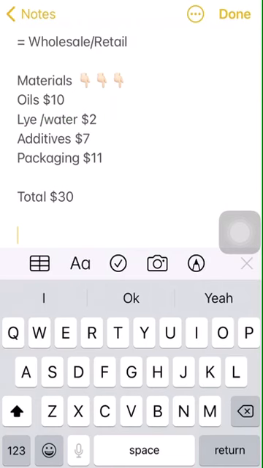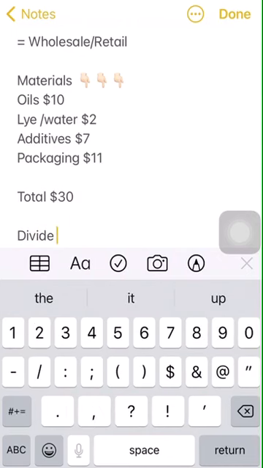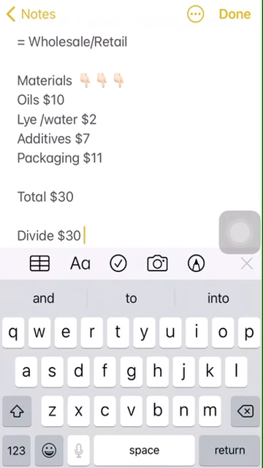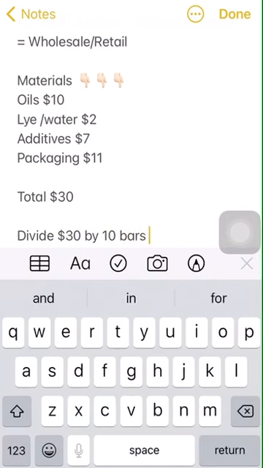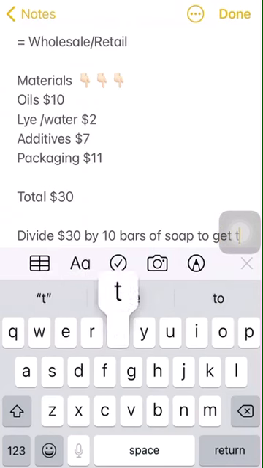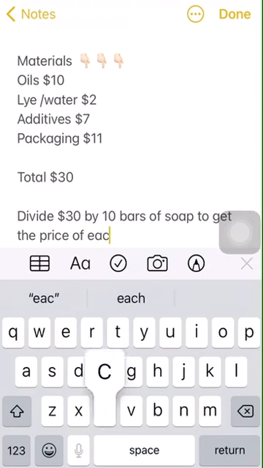So you divide your $30 by 10 bars of soap to get the price of each bar.